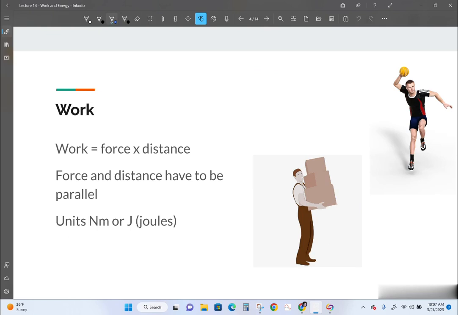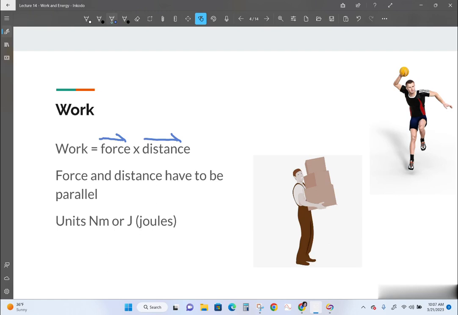But before we do that, let's talk a little bit more about work. Work is, by definition, a scalar quantity, has no relation to direction, but it is calculated by multiplying a force vector by a displacement vector. And that means that in order to do the maximum amount of work, they have to be parallel to each other.